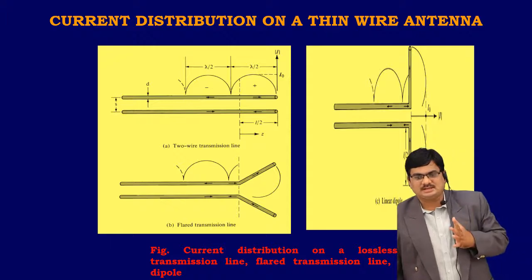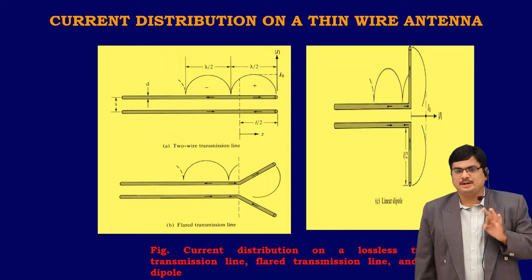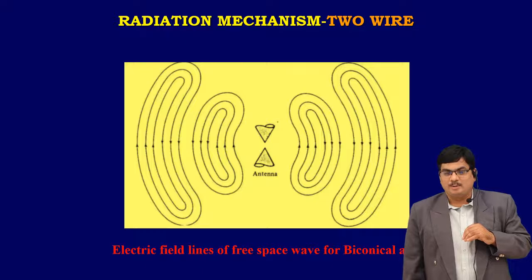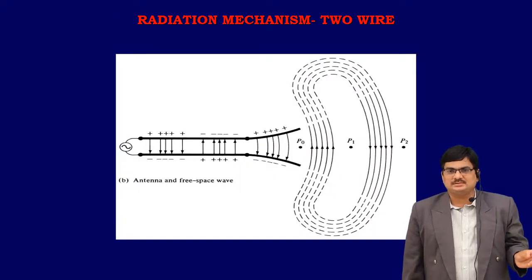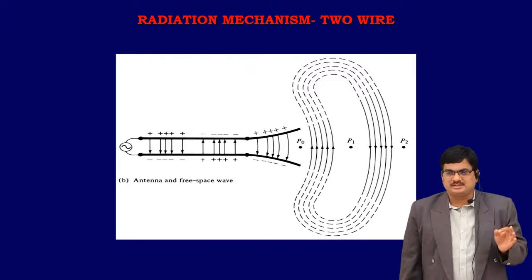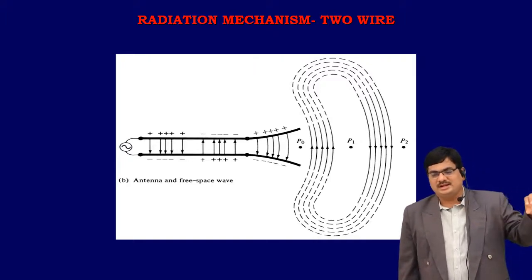So till now what we have discussed is how radiation occurs in a two-wire antenna and the dipole antenna. In the two-wire antenna, we give an AC voltage, from which positive and negative charges move in the transmission line.